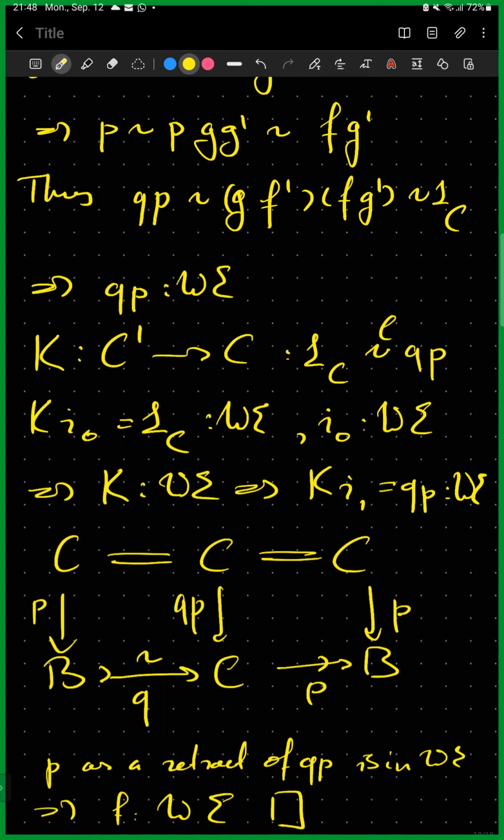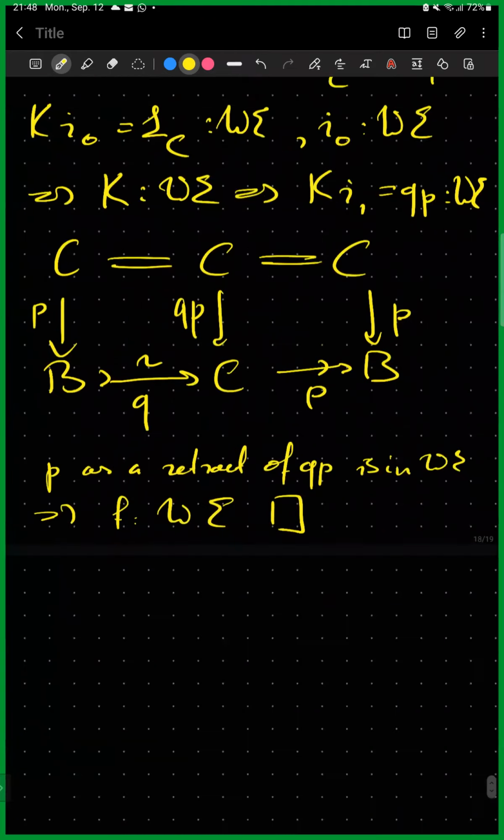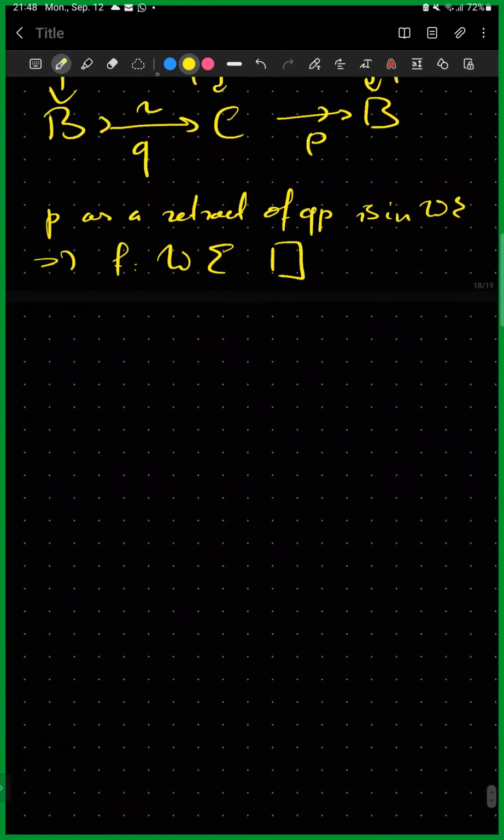Now we can derive a corollary from this. I think I don't have much time left, but I hope that will suffice to conclude this. Okay. So the corollary looks like this.